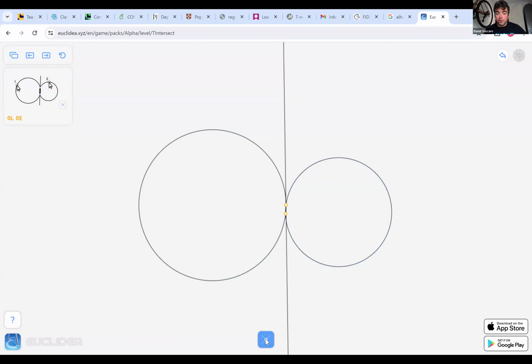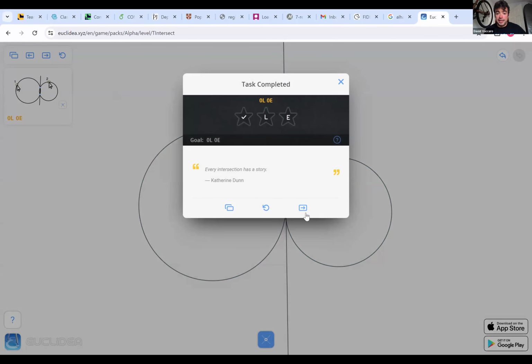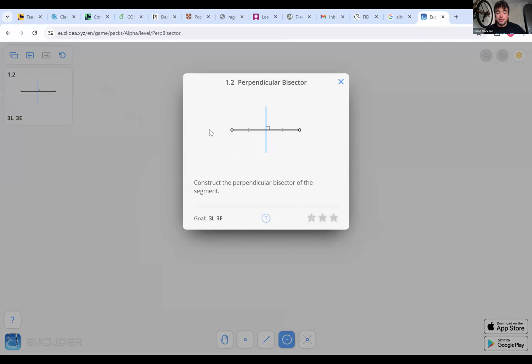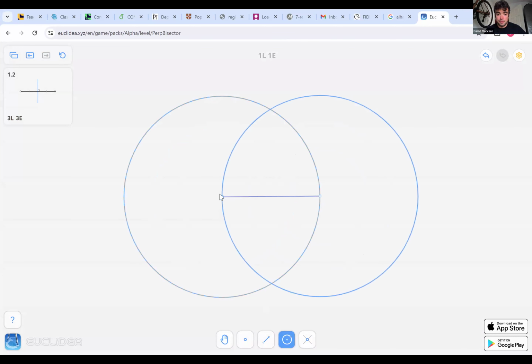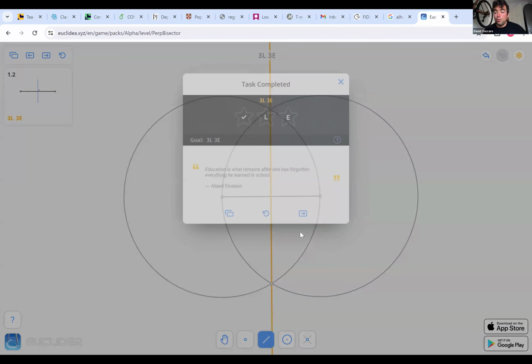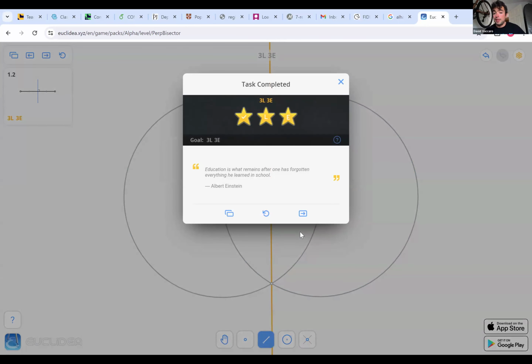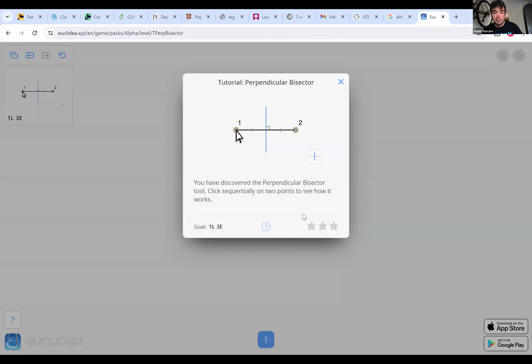For example, once you've got the perpendicular bisector construction, which should be very familiar now, it realizes that you don't want to go through that motion every time you want a perpendicular bisector.